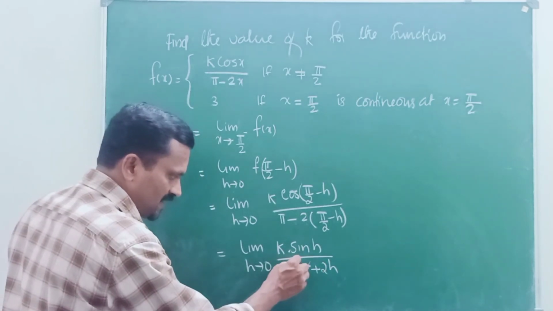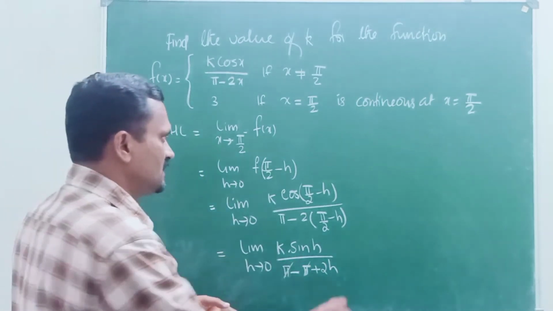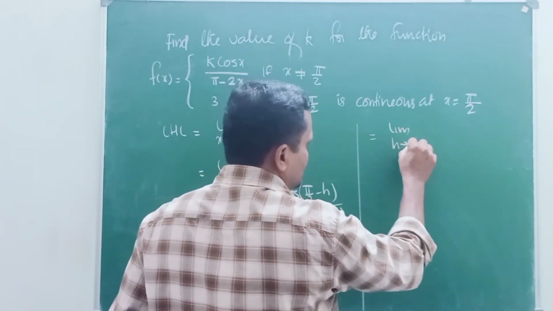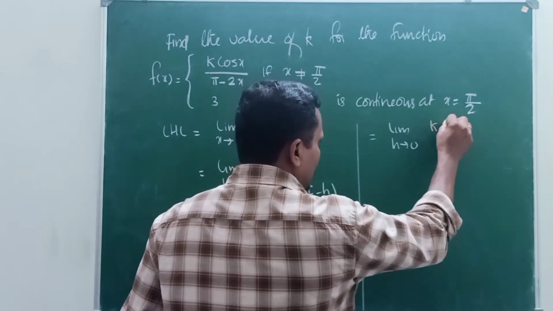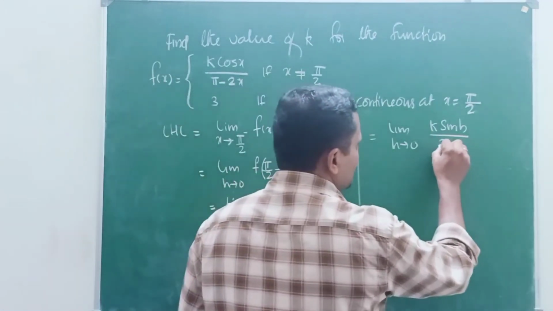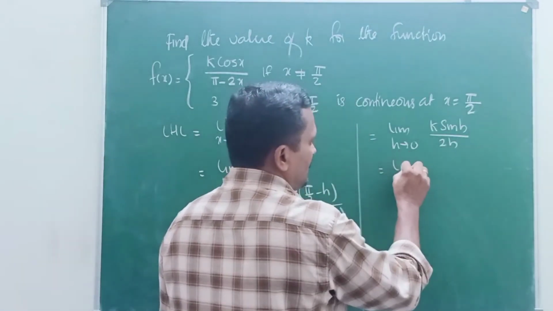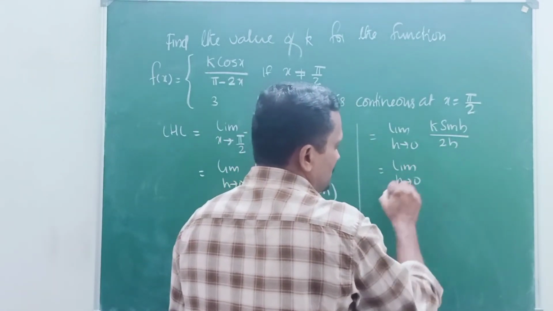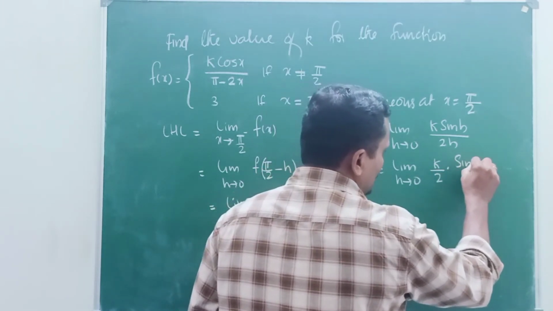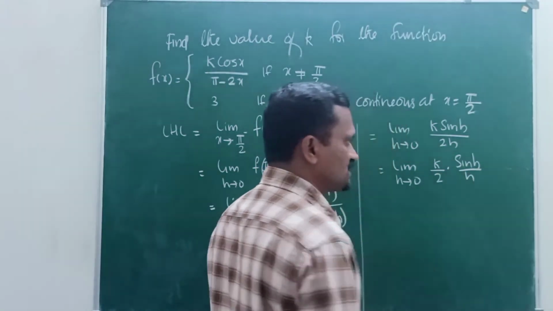Again plus pi and minus pi get cancelled. What are the remaining terms? That is, limit h tends to 0, k sin h divided by 2h. This can be rearranged as limit h tends to 0, k by 2 into sin h by h.